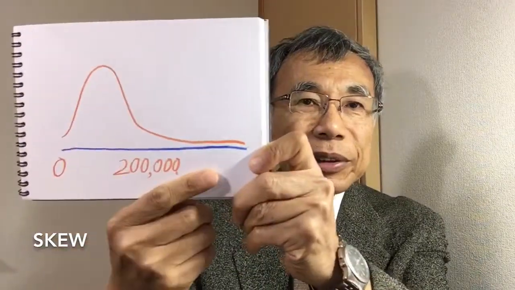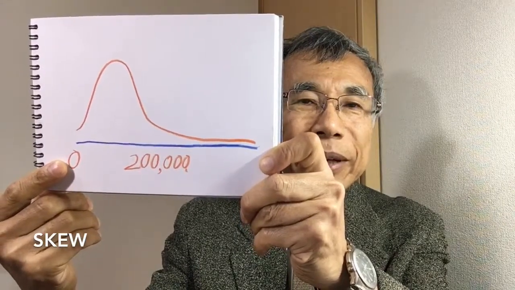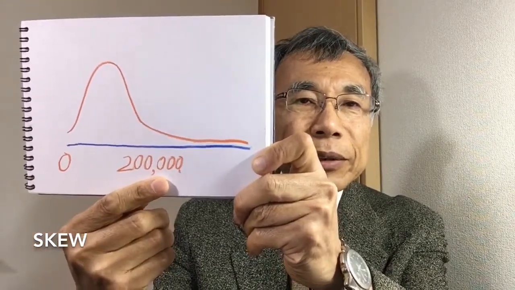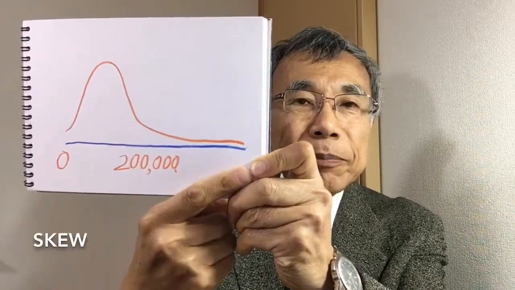Skew is a measure of whether some values of a variable are extremely different from the majority of the values. For example, income is skewed because most people make between $0 and $200,000, but a handful of people earn millions.